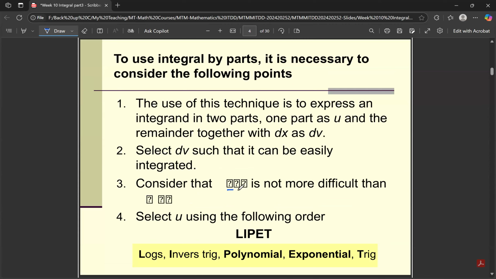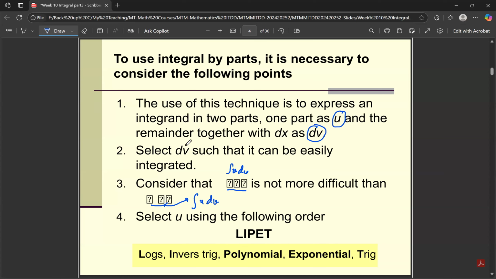The notation should be the integral of u dv. So by using integral by parts, we must follow this step. We must choose u and also dv.